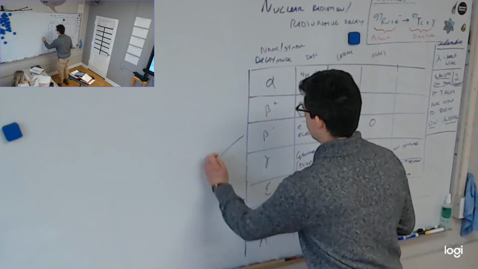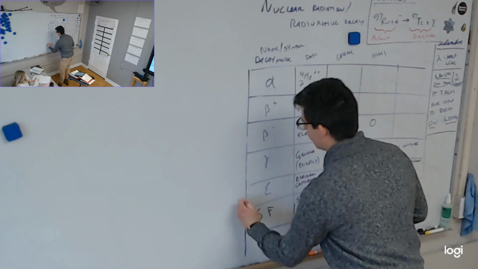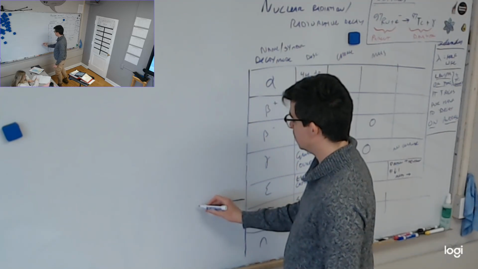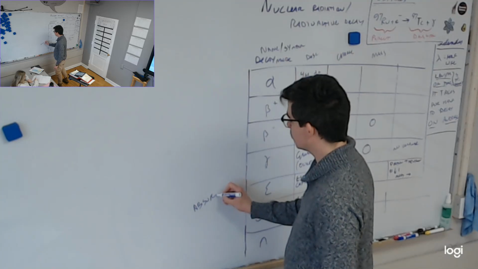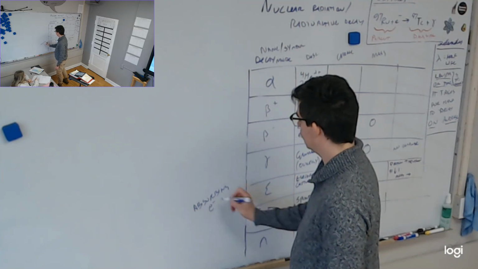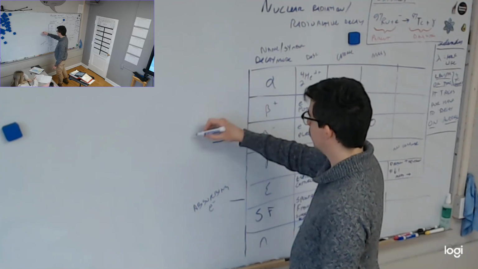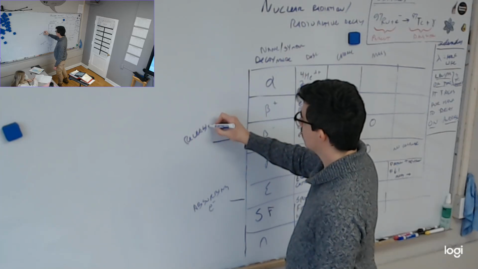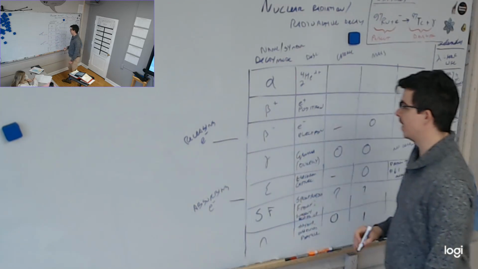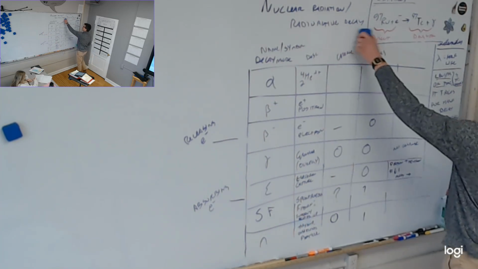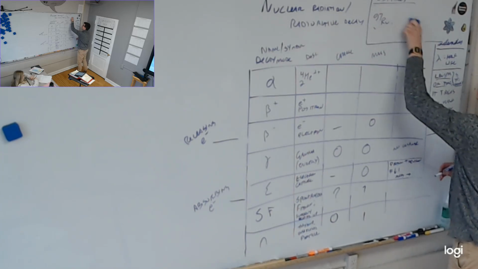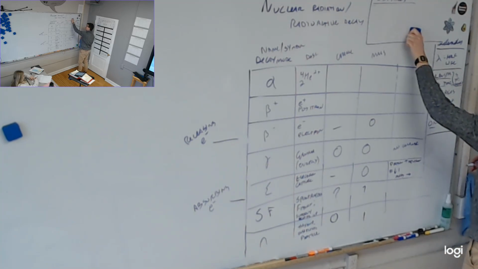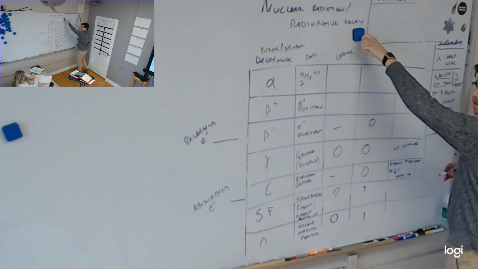So I shouldn't have drawn arrows to the same spot because I'm doing contrast. The nucleus is absorbing an electron in electron capture, and the nucleus is releasing an electron in beta minus decay. We'll show that in our equation as instead of being on the parent side, it'll be on the daughter side.